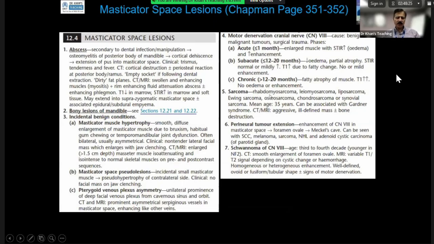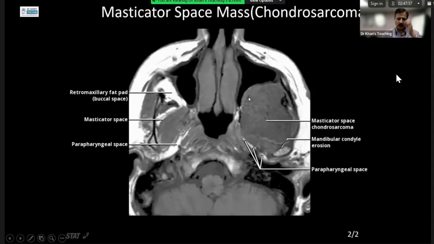Once you place anything in the masticator space, of course, there will be many things which you can see here, including infection, including bony lesions, including incidentalomas and motor denervation, tumors, etc. Because of radiological features, you can give a good differential, and many times you can give a single diagnosis. Now, this is a chondrosarcoma of the masticator space.